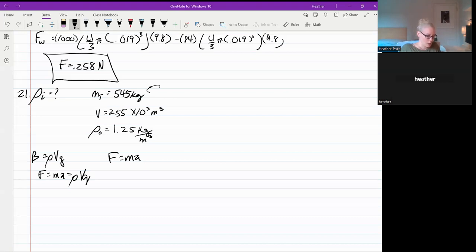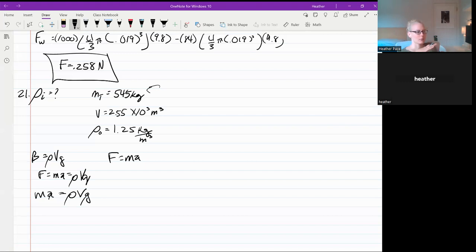So ma equals rho V g. a is the acceleration due to gravity, so a and g are the same thing. And rho is the density of the outside minus the inside.